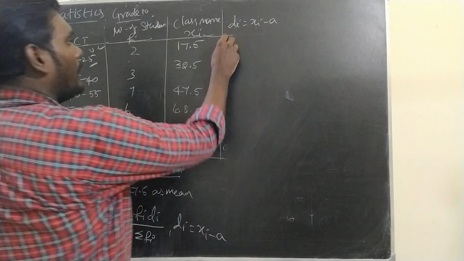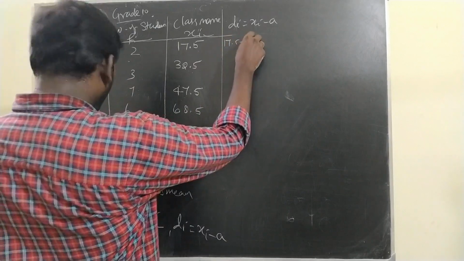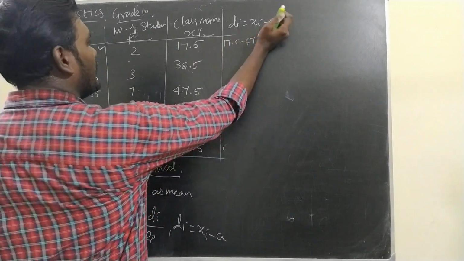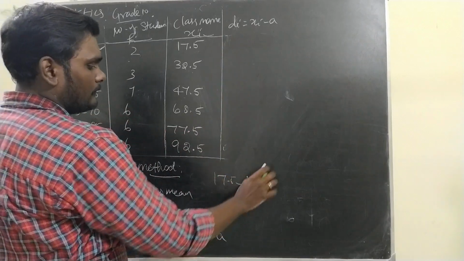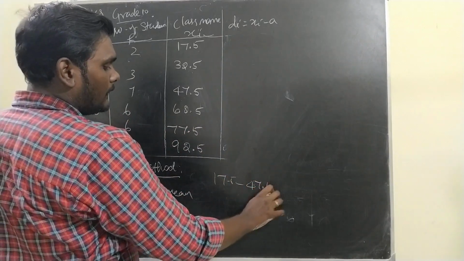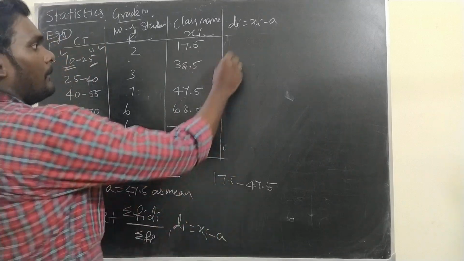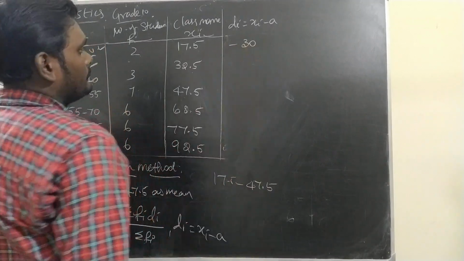So here 17.5 minus 47.5, when you subtract, say it correctly, minus 30.